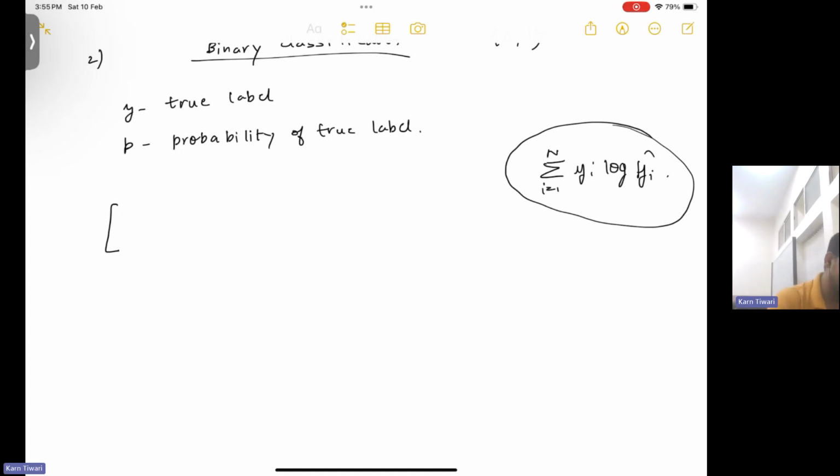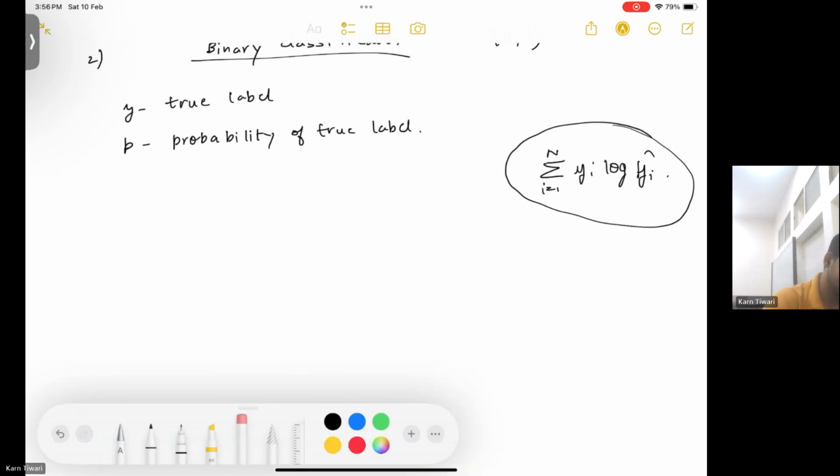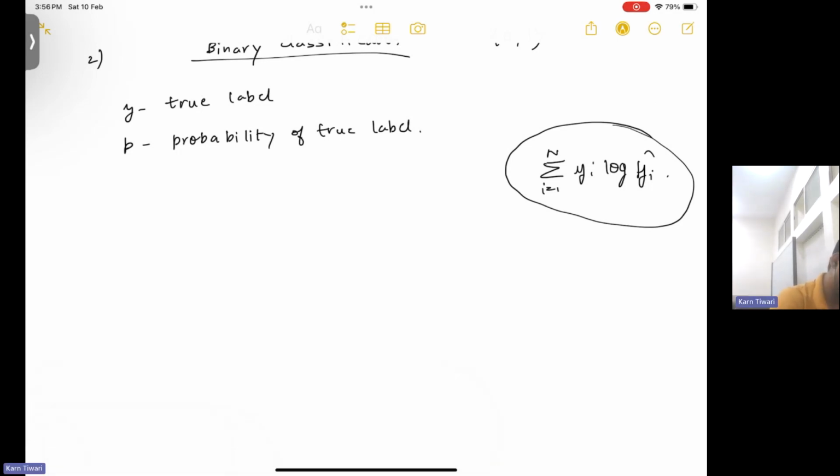Then the probability of the other class: 1 minus y is the false class, because we have two classes, either 0 or 1. If my true class is 0, the other class will be 1; if my true class is 1, the other class is 0. Its probability is 1 minus p. These two sum to 1.